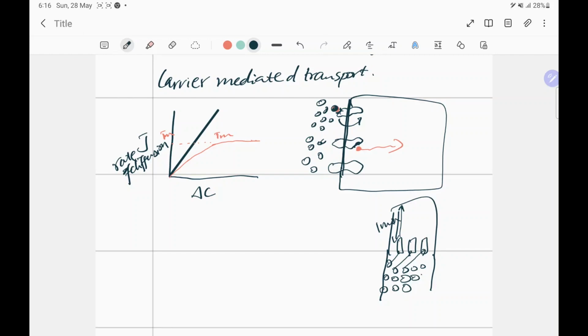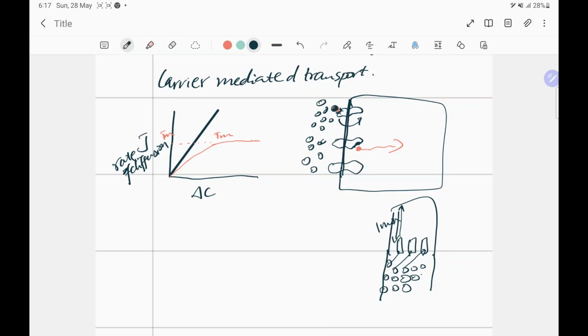A simple example of this is sugar transport, like GLUT transporters. What happens is, it reaches the transport maximum, we reach the ceiling, and there's no more transport beyond this. Things just slow down after a certain time.